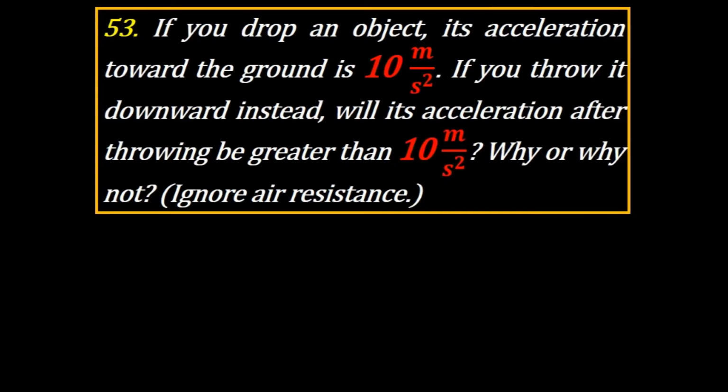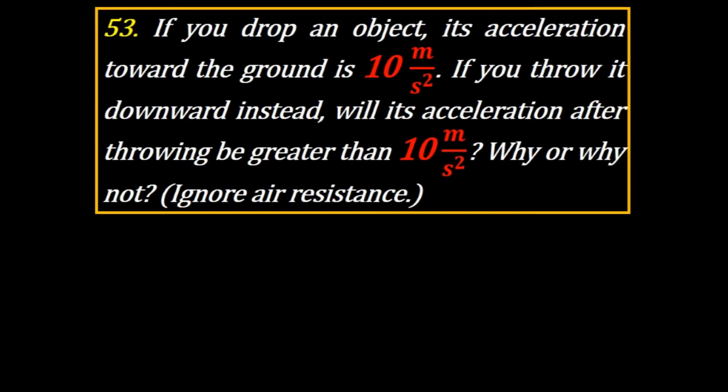So the heavier ball. If you drop an object, its acceleration towards the ground is 10 meters per second squared. If you throw it downward instead, will its acceleration after throwing be greater than 10 meters per second squared? Why or why not? Ignore air resistance. If you're on the same planet, well, it's always going to be 10 meters per second squared.